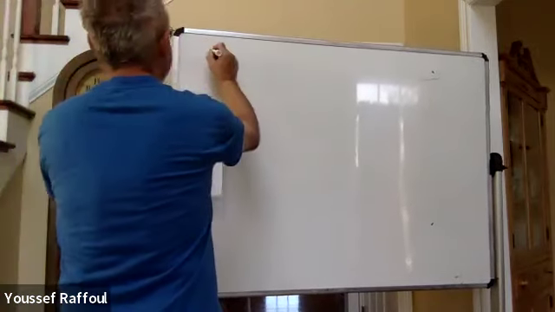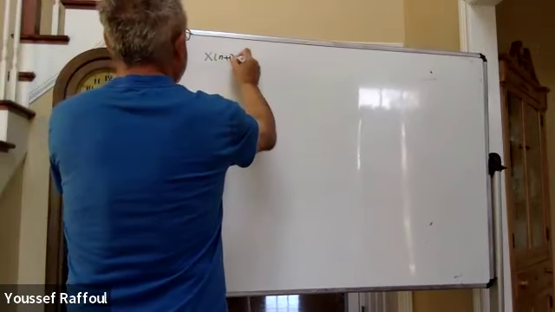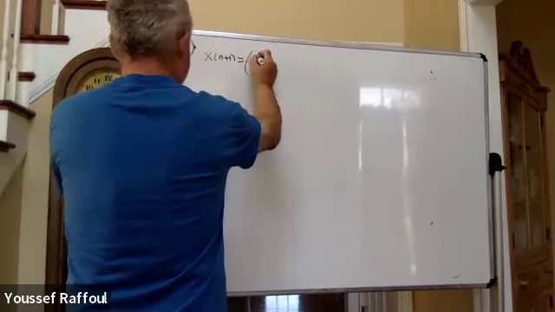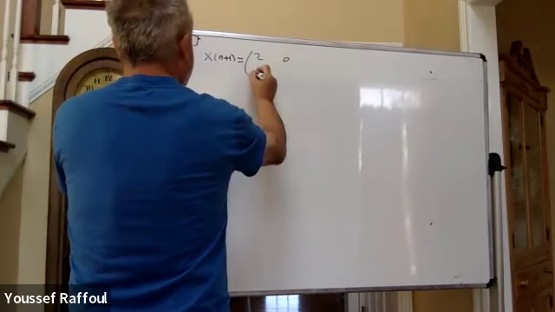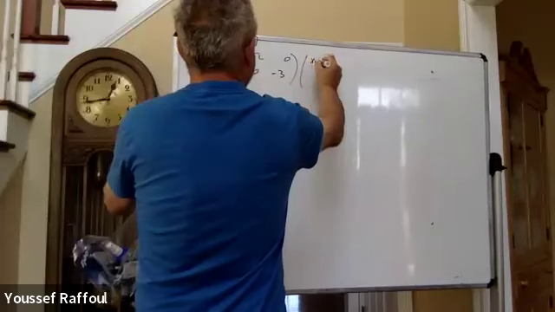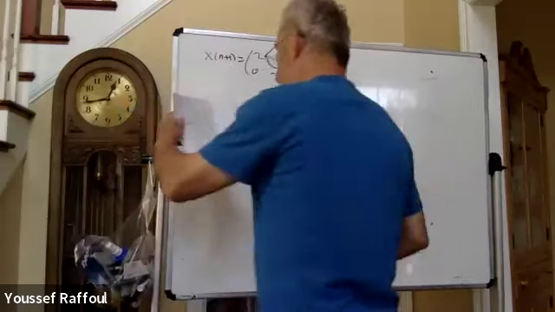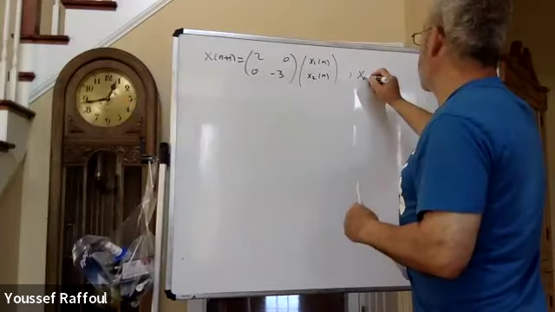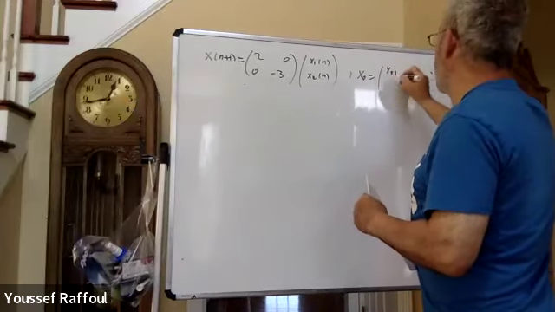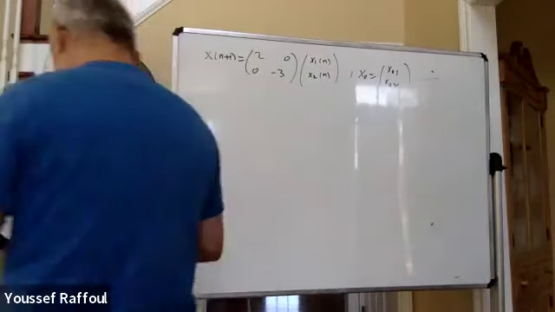So let's say we have x_{n+1} equal to the matrix 2, 0, 0, minus 3 times x1 of n, x2 of n, and with x naught equal x01, x02.